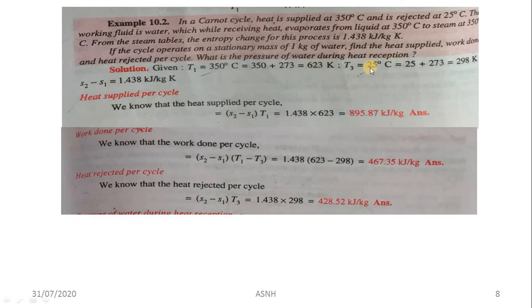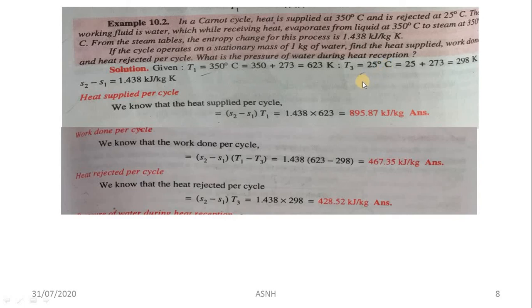So we have to calculate the pressures corresponding to 350 degree centigrade and 25 degree centigrade. Heat reception means at the entry point. In the steam table, corresponding to 350 degree centigrade, you check the adjacent column and definitely it is a pressure, and you will get the answer with the help of the steam table.